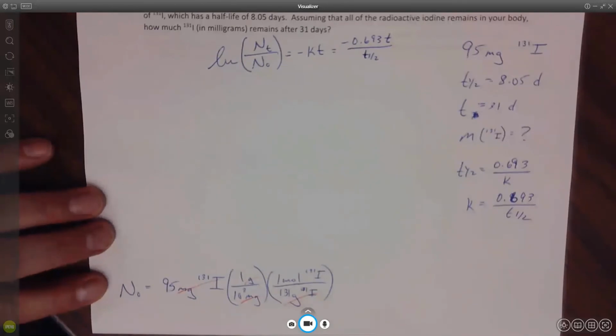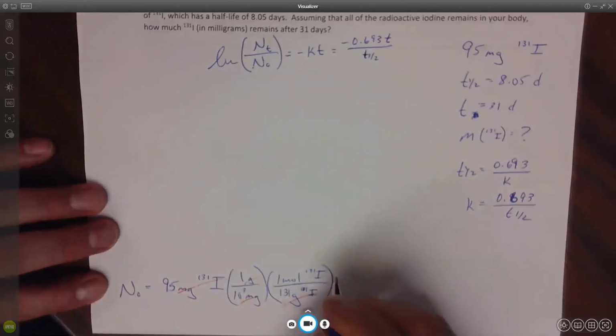But we need the absolute number. How do I get the absolute number? If I have 24 dozen, I've got to get rid of the dozen part. I need it to be a unitless number. Right now we have moles. Multiply by Avogadro's number.